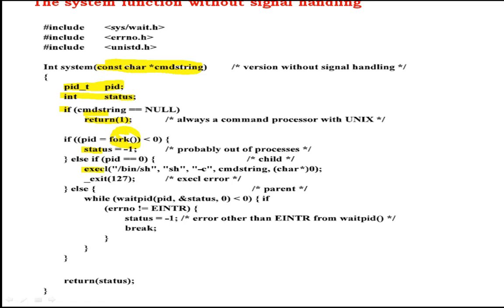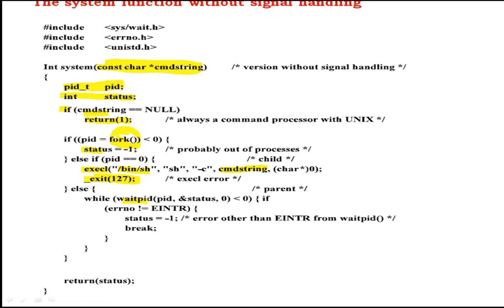You are going to call the exec function, with the interpreter /bin/sh, and you are going to execute that command string. If anything fails, you are going to call exit with the error code 127.